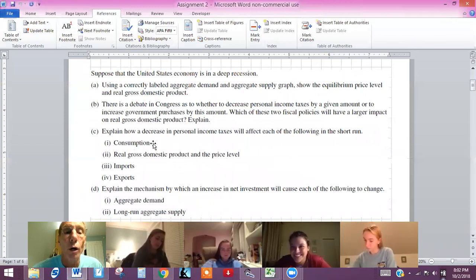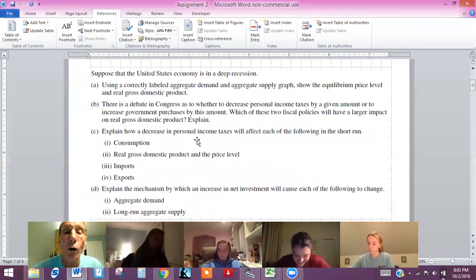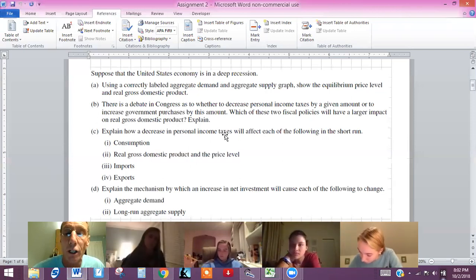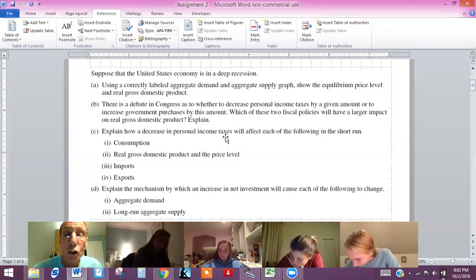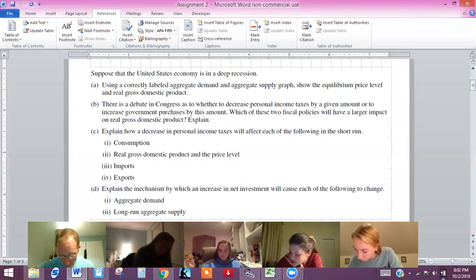Well, sure. If everybody has a decrease in their taxes, we can assume their income actually goes up because they're paying less tax. They have more spendable income. So think about it. If everybody has more spendable income, they're going to consume more, right? It's not that hard. It seems more complex than it actually is.